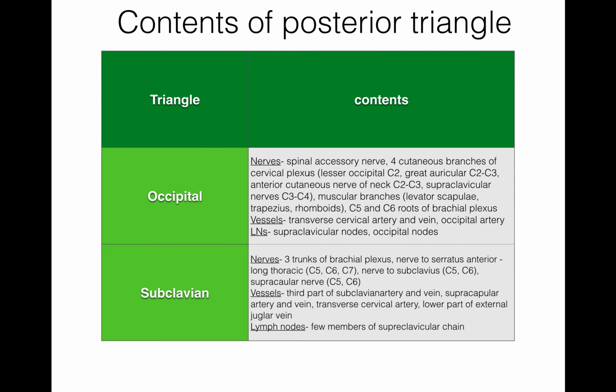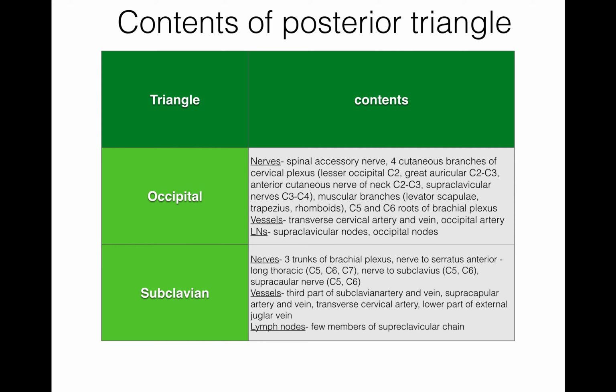And moving on to the subclavian triangle, we have nerves, vessels, and lymph nodes as well. So the nerves include the 3 trunks of the brachial plexus, nerve to the serratus anterior muscle, and nerve to the subclavius, and the suprascapular nerve.